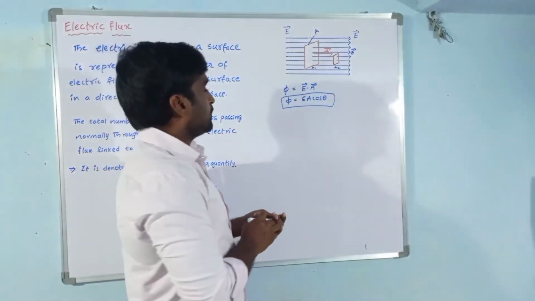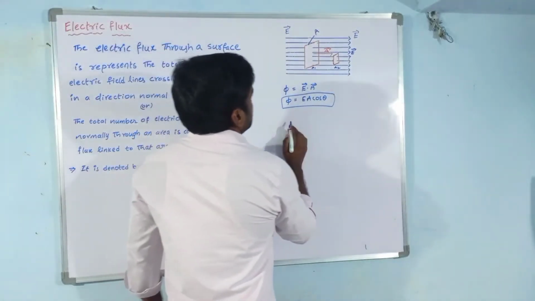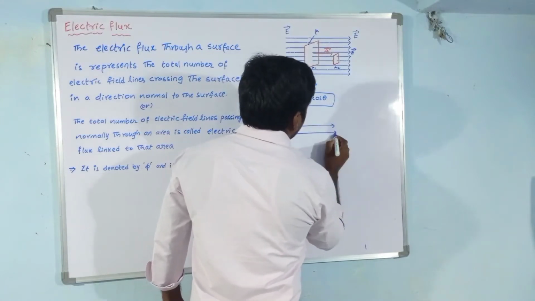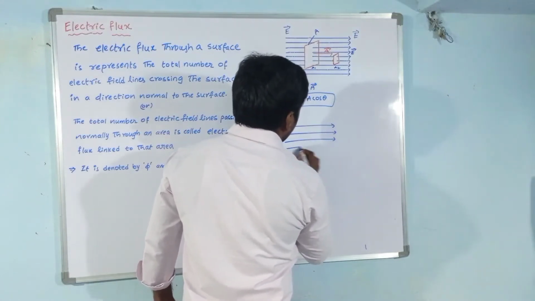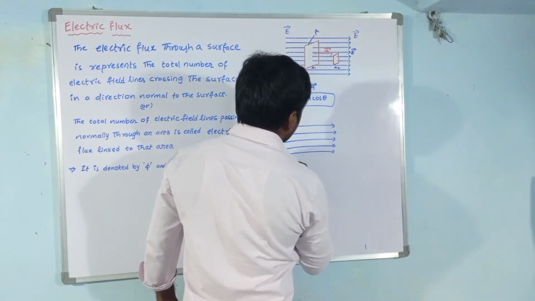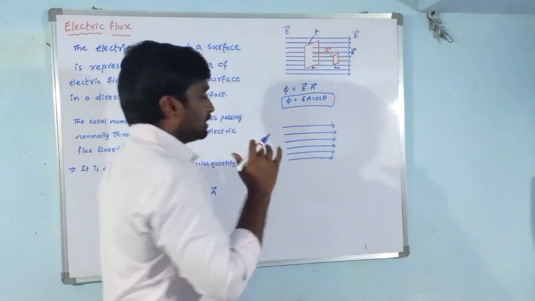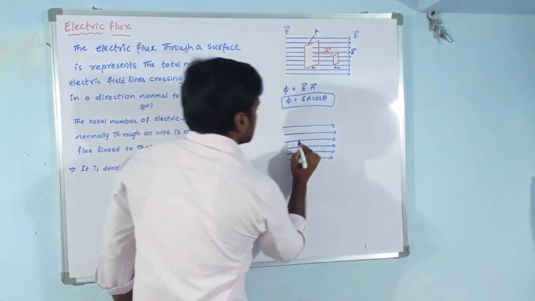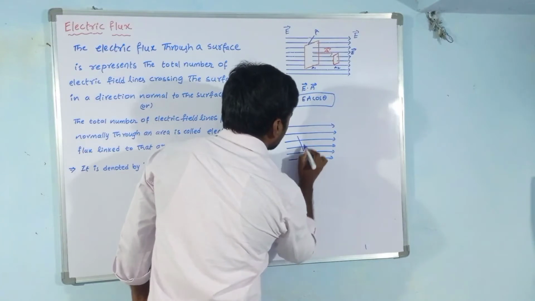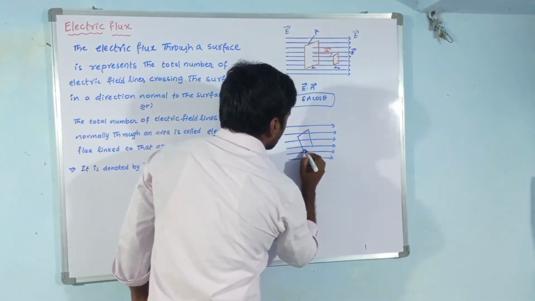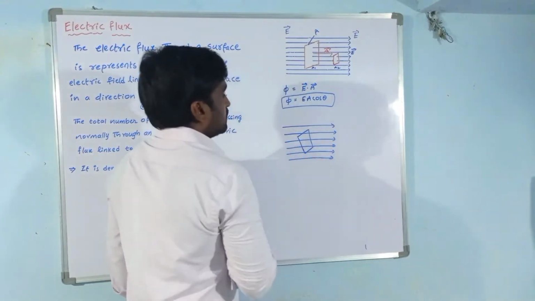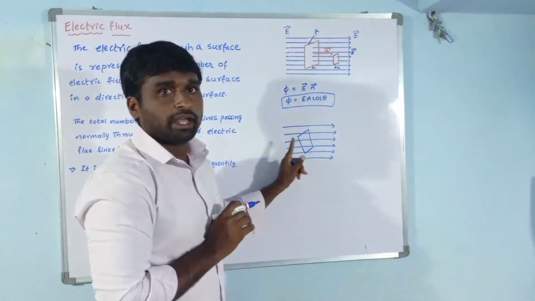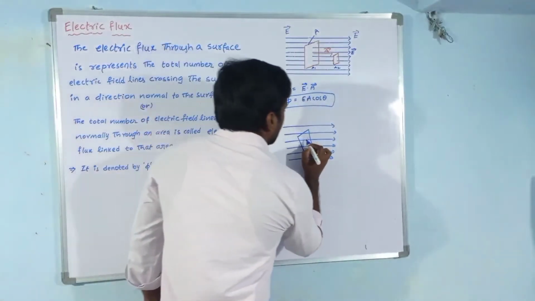Suppose we tilt a plane surface by an angle theta. What is the area vector?